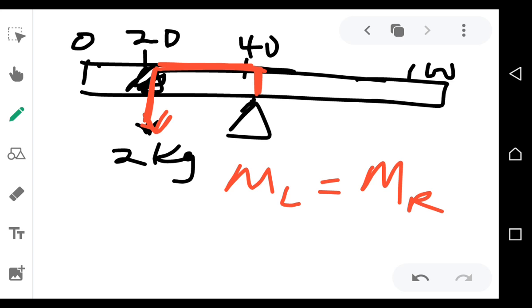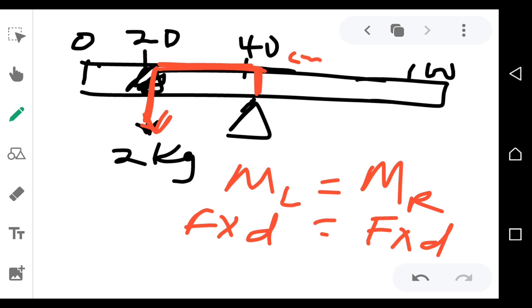What's the formula for moment? It's force times the distance. Assuming that all of these are in centimeters, I didn't write. If all of them are in centimeters, there is no need of converting to meters. Work with centimeters.